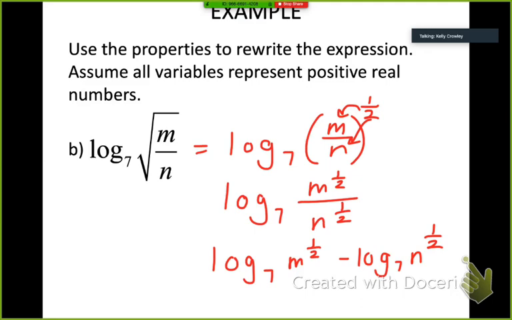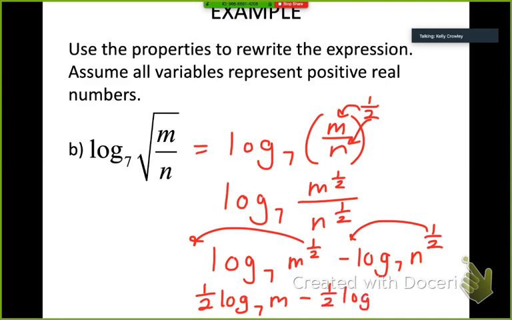And then the last thing we can do is just move those 1/2s in front. So 1/2 log base 7 m minus 1/2 log base 7 n. And then that would be your expanded form.